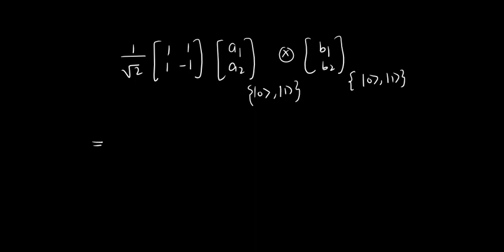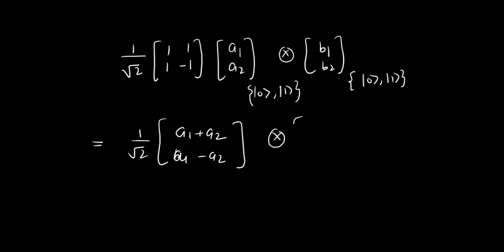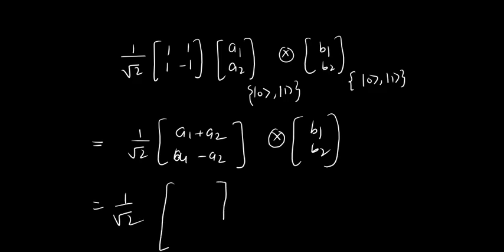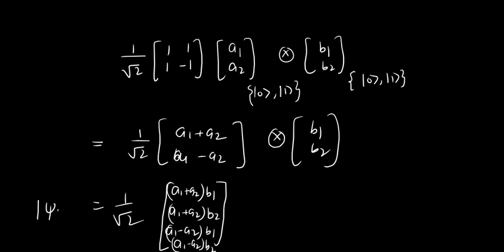So if you further do it, you will get, then you need to take the tensor product. I told you that the tensor product will give you a vector in the bigger vector space, V cross V vector space: A1 plus A2 times B1, A1 plus A2 times B2. This is the amplitude corresponding to the 0 0 basis, computational basis, 0 1, 1 0 and 1 1. Right? So this is how we can write the output of the Hadamard gate.